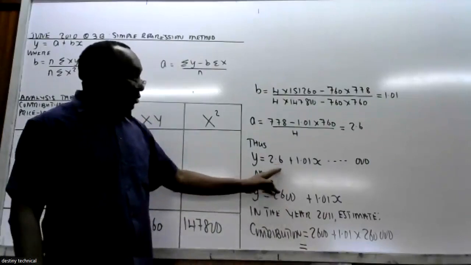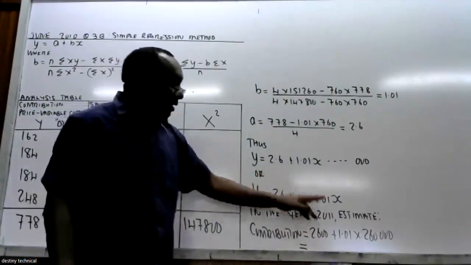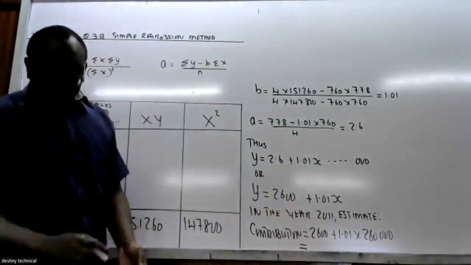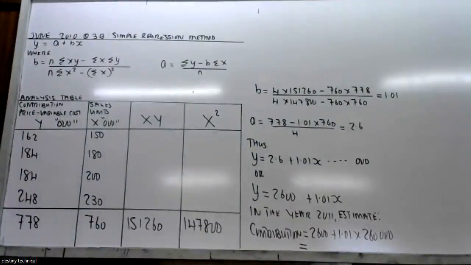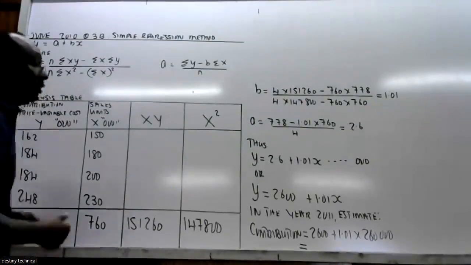But if we had used the one above, we would have put 2.6 plus 1.01 times 260. That's the difference. Okay. $265,200.